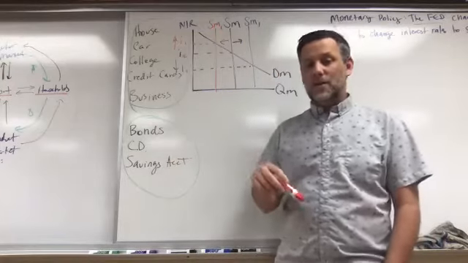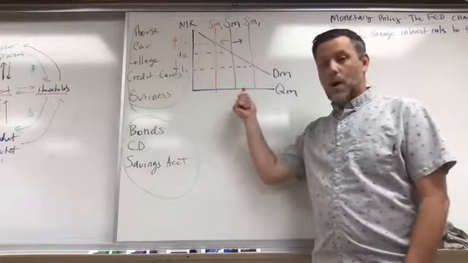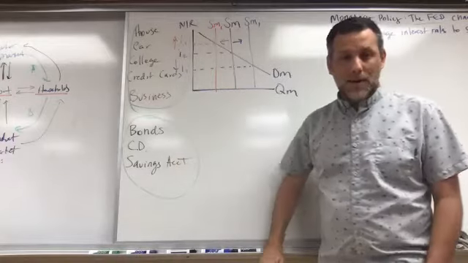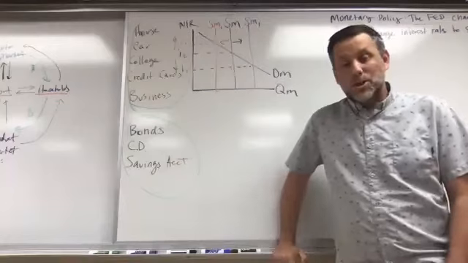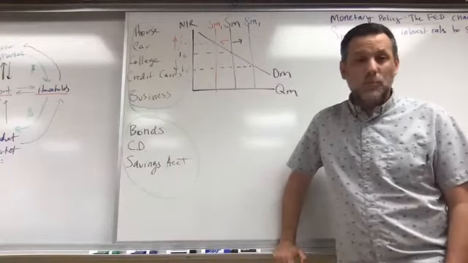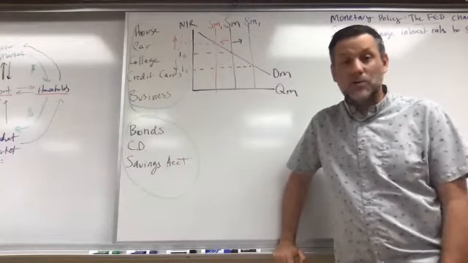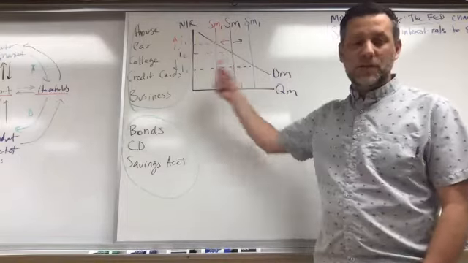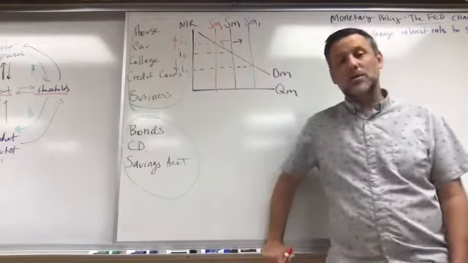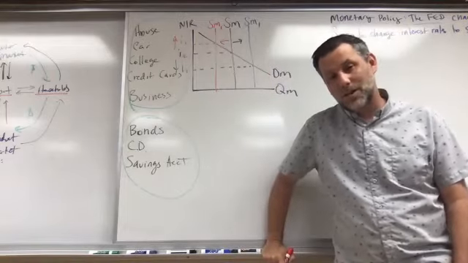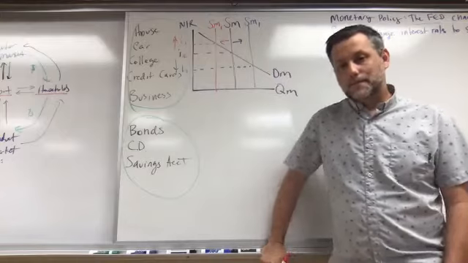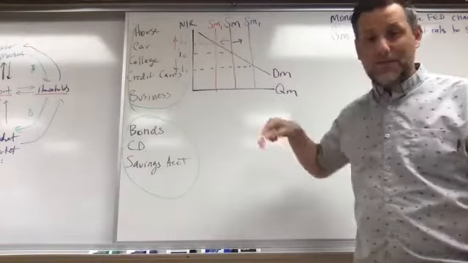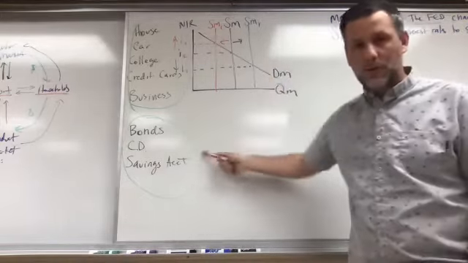Or in Unit 7, the follow-up question might be, draw a graph of the money market in the short run, and then explain what the Fed could do to close this gap and show it on your graph. So then you would be showing a shift of supply, changing the interest rate to close that inflationary or recessionary gap.